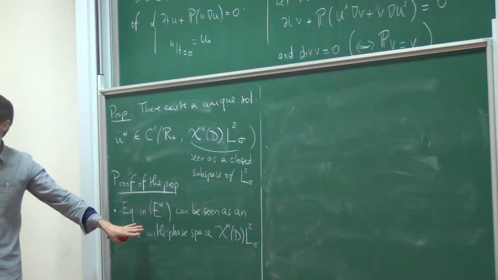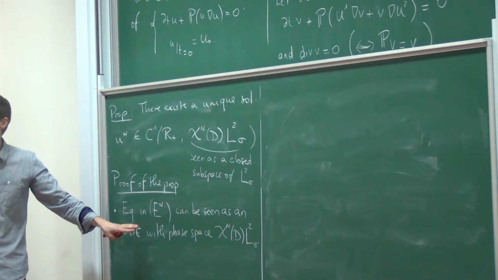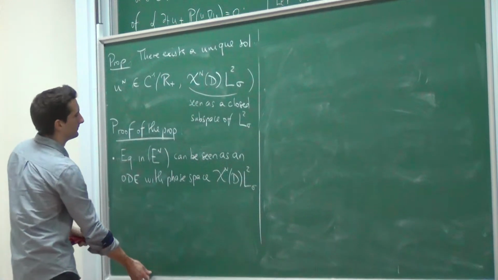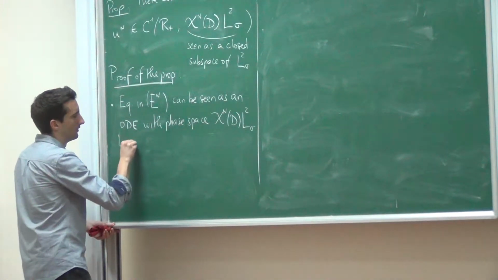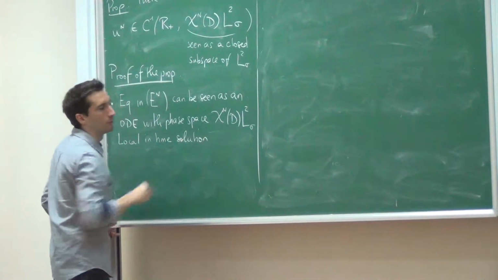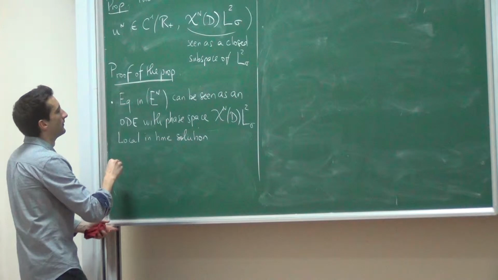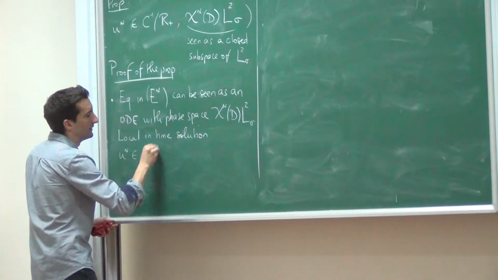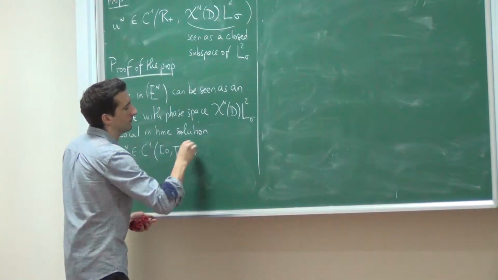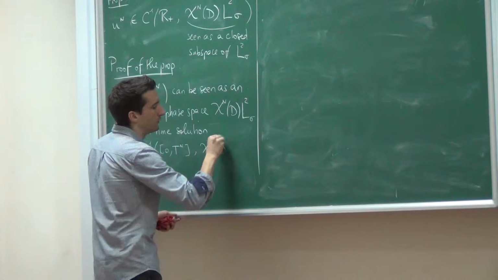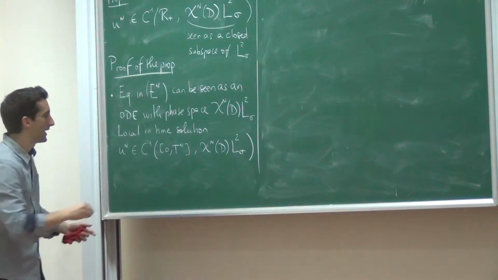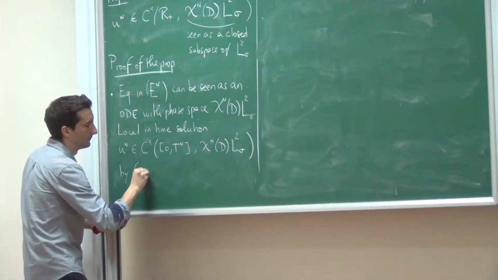Okay, so at this stage, I just have a local in time solution with Cauchy-Lipschitz. So that's the first thing. I have a local in time solution, UN, which is C1 of 0, Tn with values in chi n of d L2 sigma, by the Cauchy-Lipschitz theorem for ODEs.